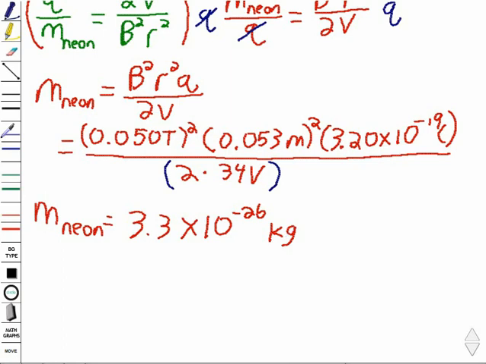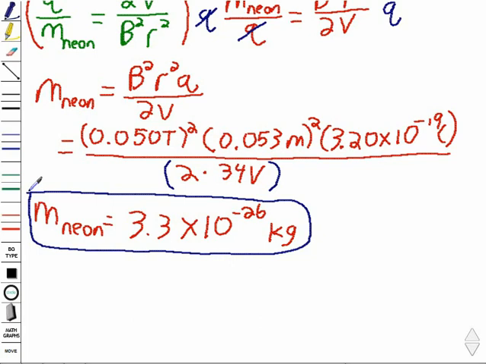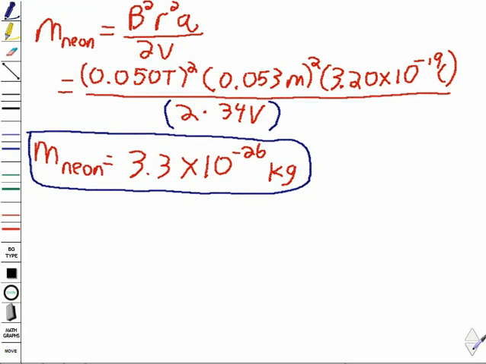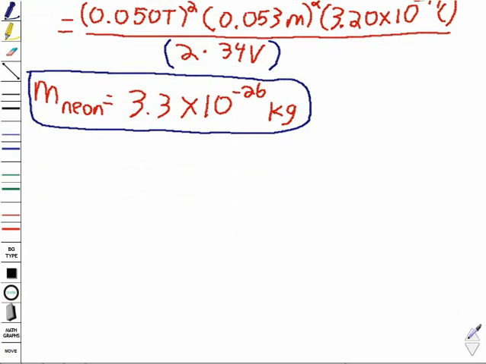So that's our first answer. Now comes the question you're really trying to answer: how many protons is this mass?